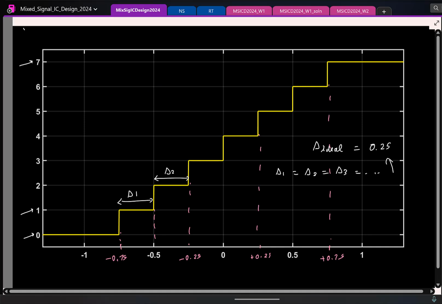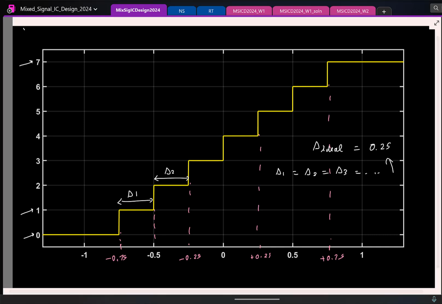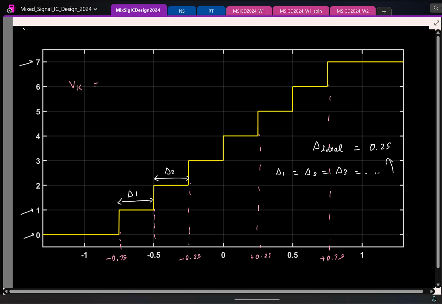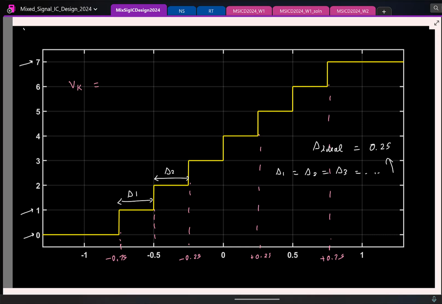Okay. So now that we are here, let's do a few things. Can you tell me the kth transition voltage, in terms of k and delta?